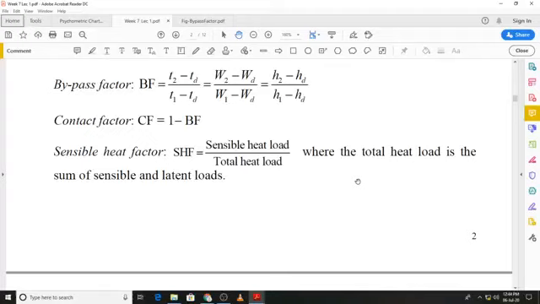We can also find out the bypass factor by using the humidity ratio or the enthalpies, but it is usually more convenient to use the dry bulb temperatures.